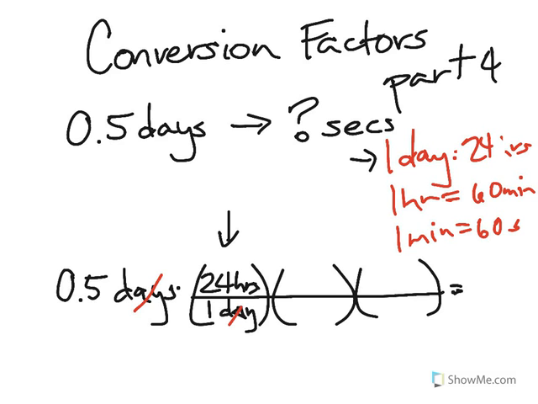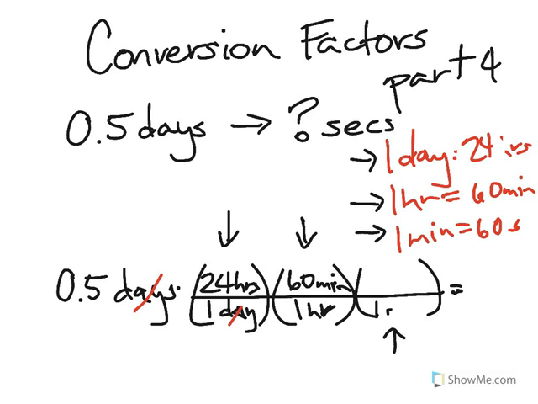Okay? I'm going to use this next conversion factor in the second parentheses and really just write it into a fraction again. So I have 1 hour is equal to 60 minutes. Okay? And then the last conversion factor goes in this one.